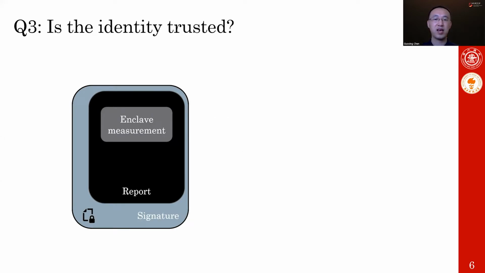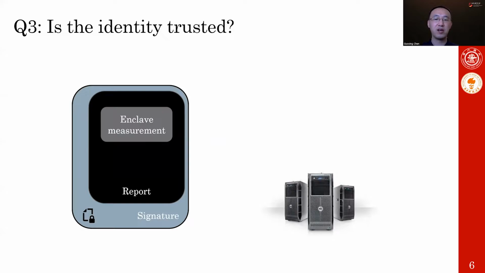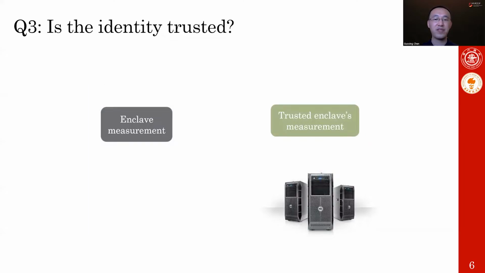Question 3, is the identity trusted? Usually, the verifier compares the enclave measurement from the received report with the expected one from some reliable source. So if they are equal, the verifier can be assured that the attester enclave is trusted.